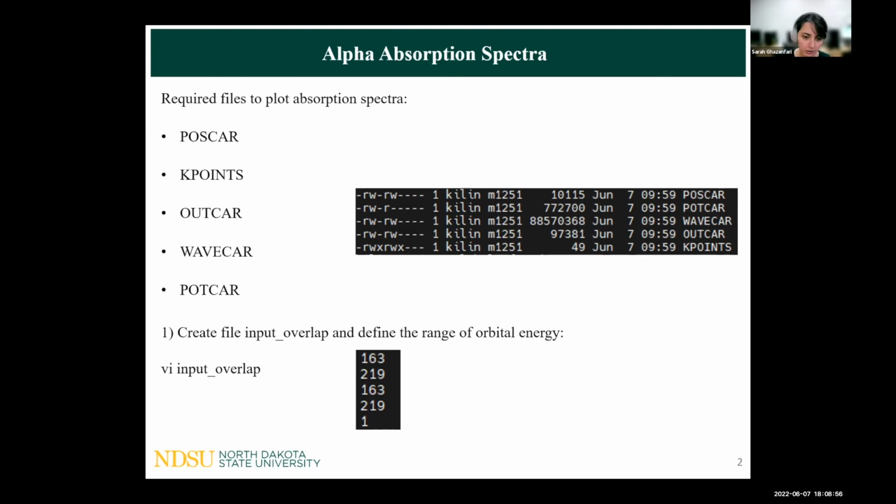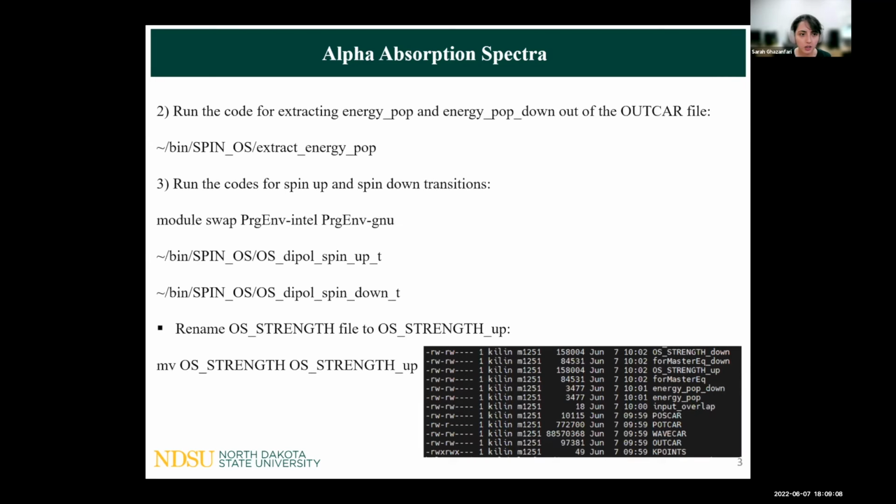We repeat it twice because we have 2 spins, spin up and spin down, and also we need to specify a placeholder number 1 at the last line. Then we need to run this executable in order to extract the energy pop files for the spin up and spin down.